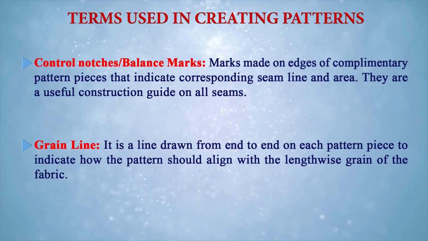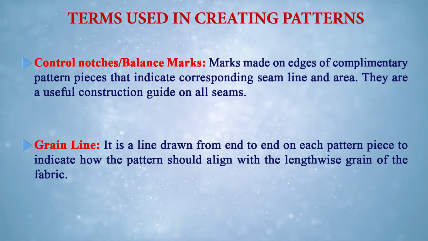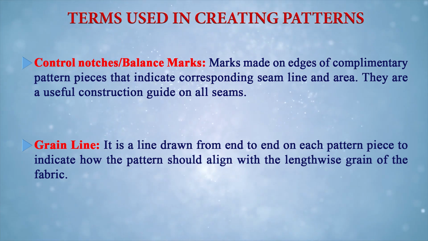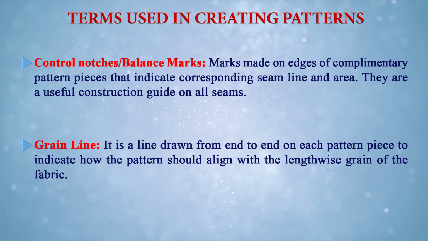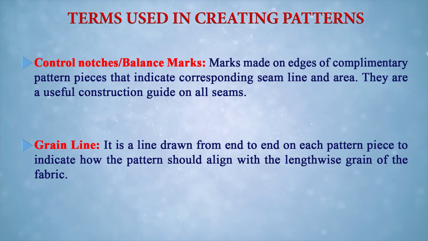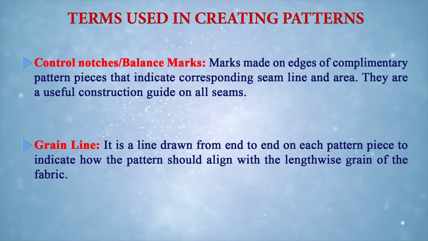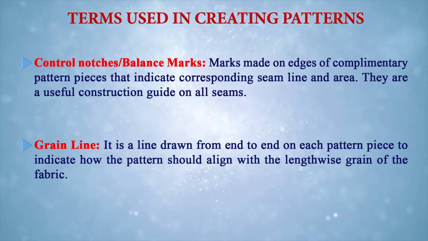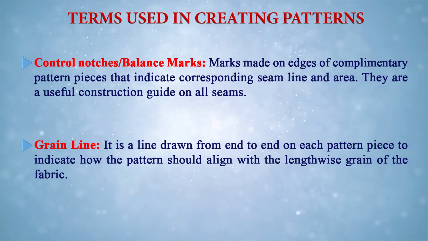In which direction we have to cut the fabric depends upon the grain line. It indicates how the pattern should align with the lengthwise grain of the fabric. So this is about the grain line.